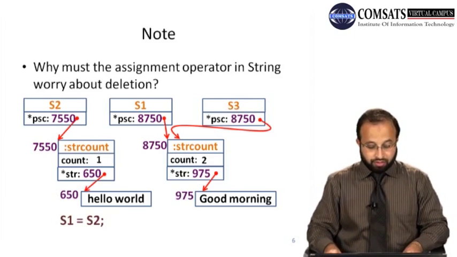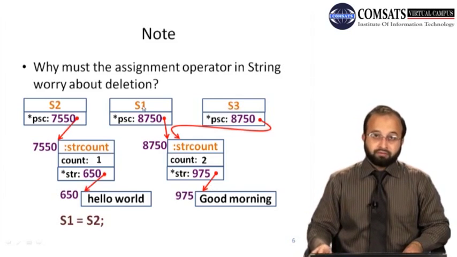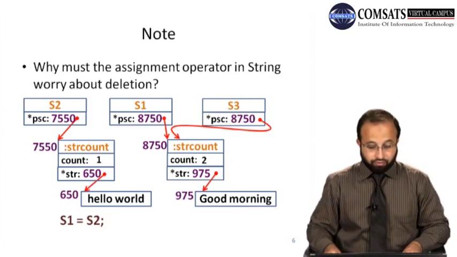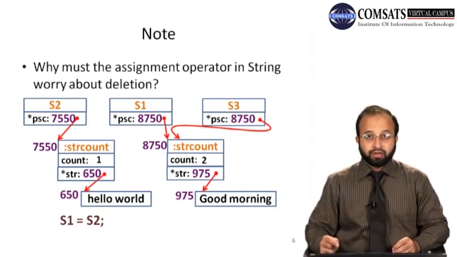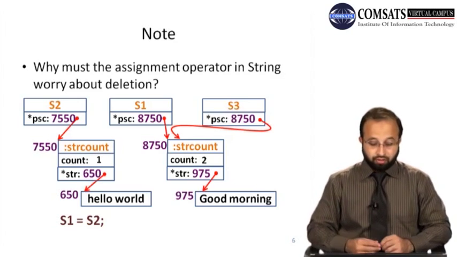Suppose we want to execute this statement s1 is equal to s3. हम s1 को भी point करवाना चाह रहे हैं उसी string को जिसको s2 point कर रहा है, right? So if we do that, what happens is it will execute the operator equal function, that is overloaded assignment operator function को execute करेगा.